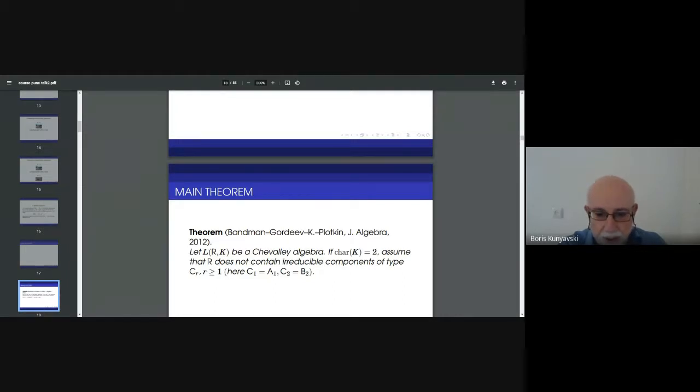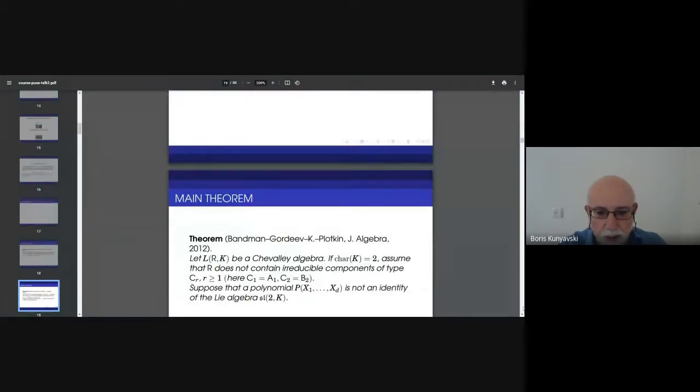So for these algebras, we can show the following. Now we consider a polynomial which is not an identity of the Lie algebra sl2. I bring your attention and want to emphasize that it does not vanish identically on sl2, not on L, but on sl2.